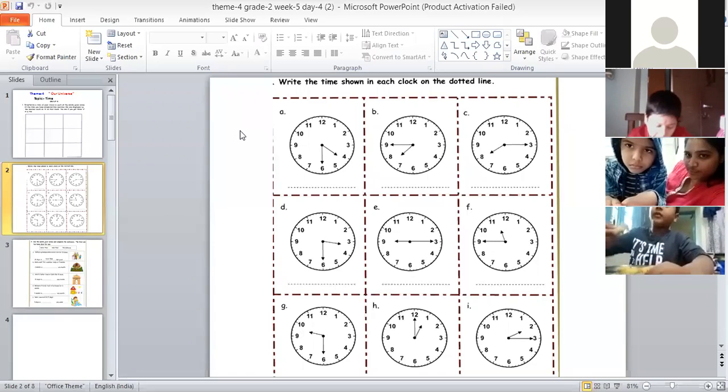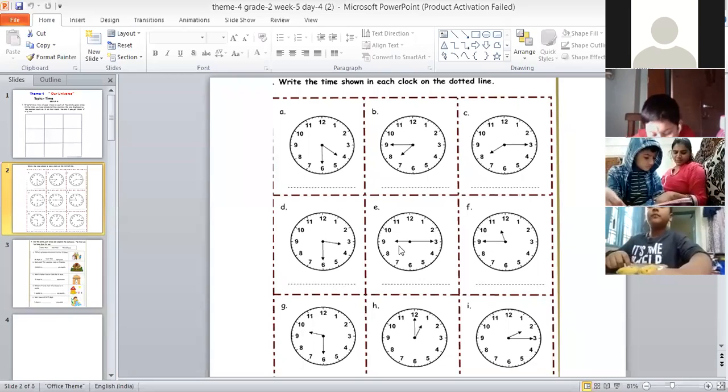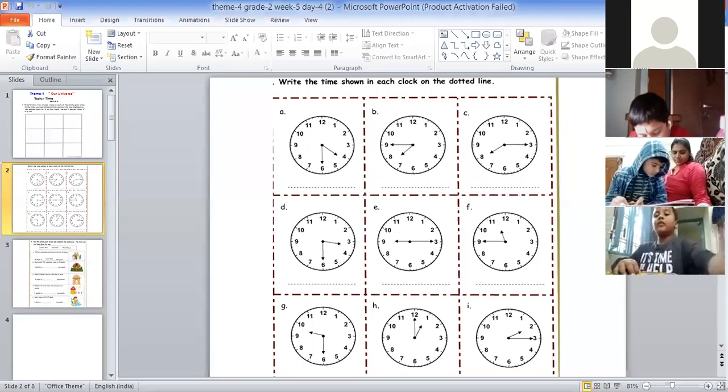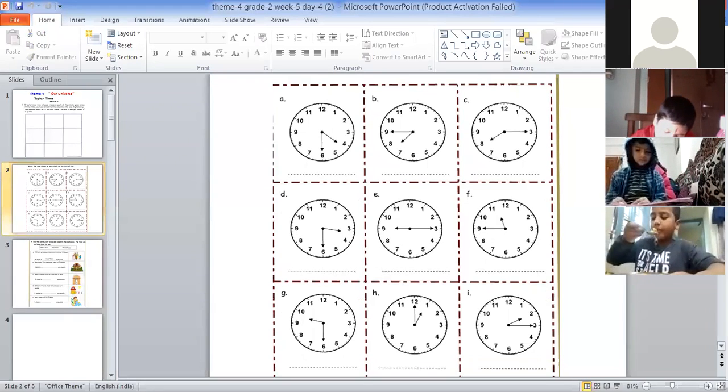Bit G. Where is the long hand? Ma'am, long hand at 6. Okay, and short hand? 10, ma'am. No. Short hand is between which two numbers? 9:30, ma'am. Yeah.